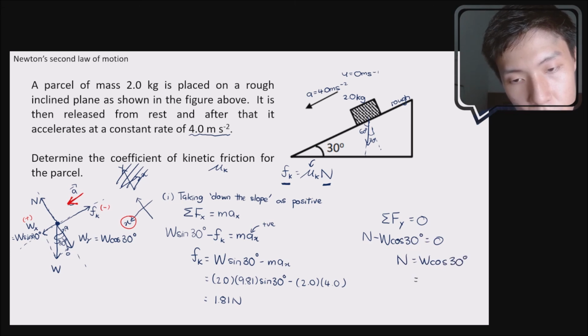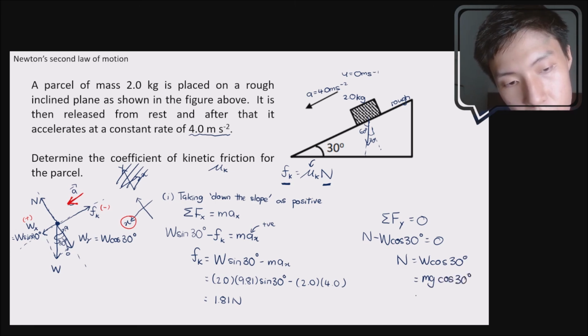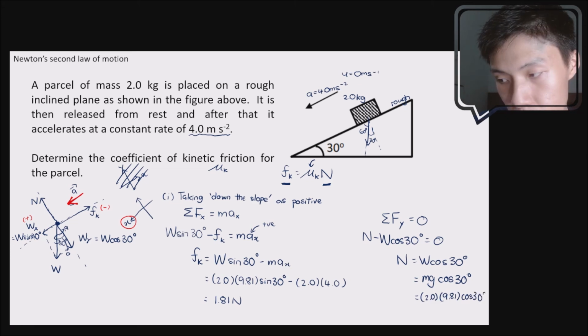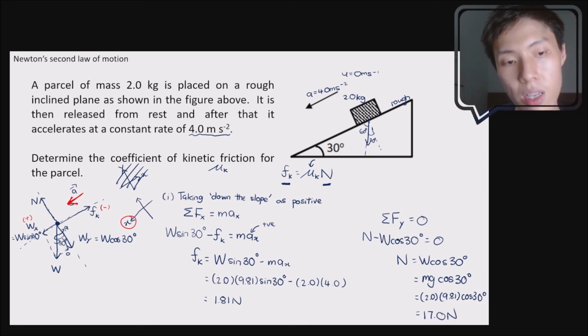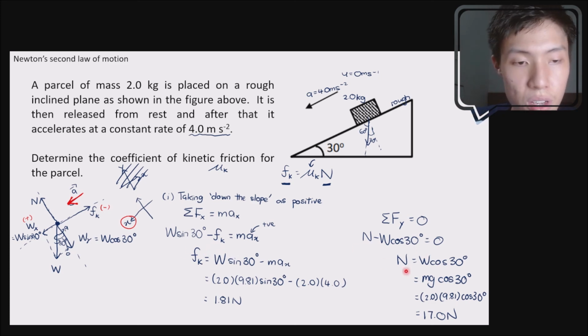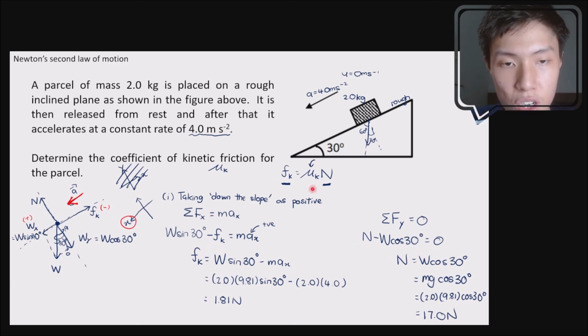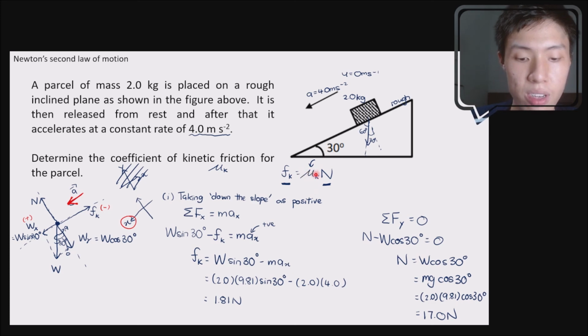Now substitute. You can write mg cos theta, cos 30° first. So this will be 2.0, 9.81, cos 30°. If you calculate all this, the answer that you should get is 17.0 Newton. Once you have gotten your kinetic friction and your normal, you can use this equation here to find your coefficient of kinetic friction.